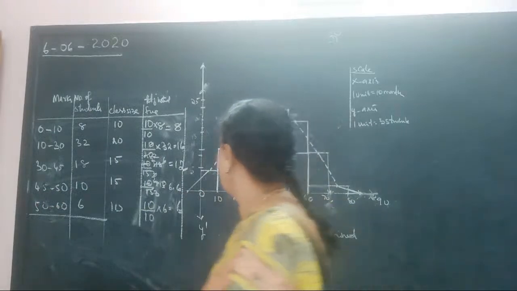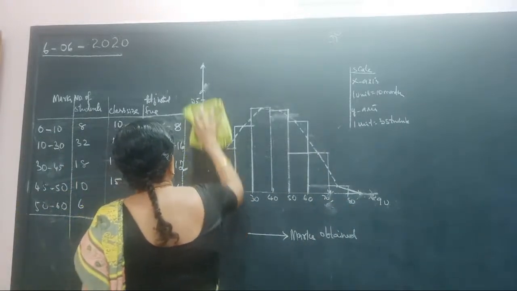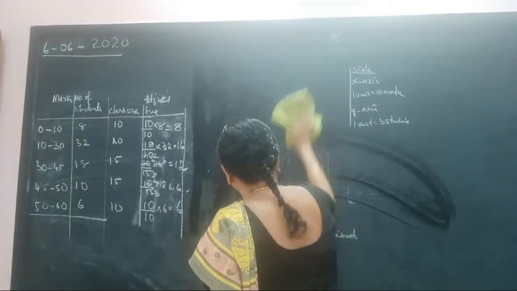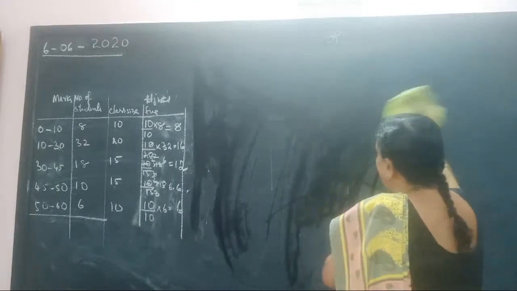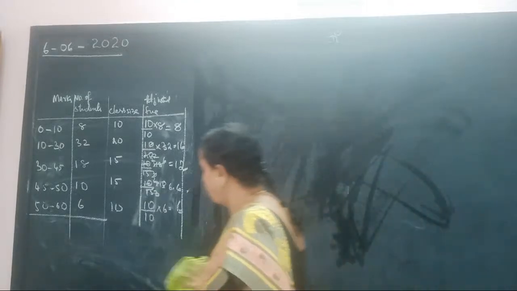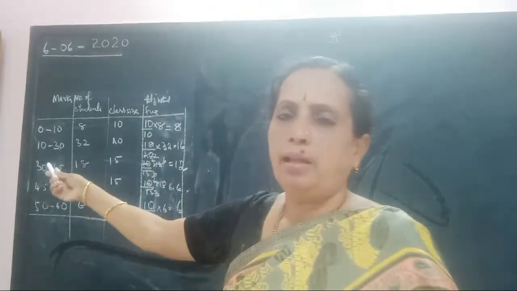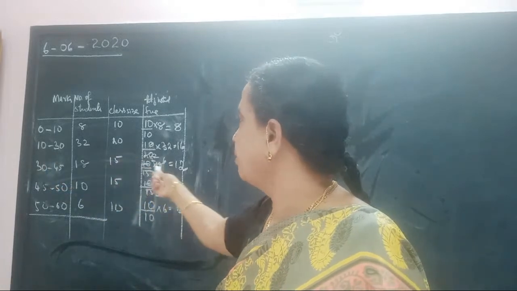I will write here: adjusted frequency. So in the working column, that is in the ruled part of the graph sheet, make the table like this.